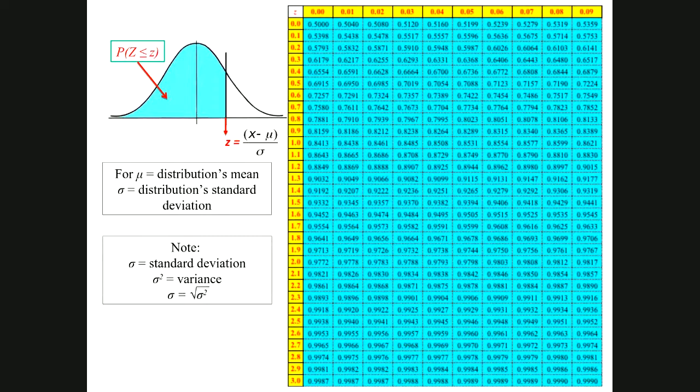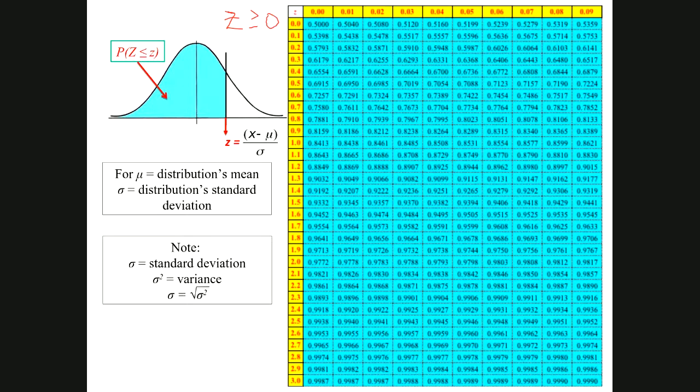You'll notice this only has values for a z value that's greater than 0. Everything in this column is greater than 0, and every value in the row is greater than 0. So it only provides values for z greater than or equal to 0.